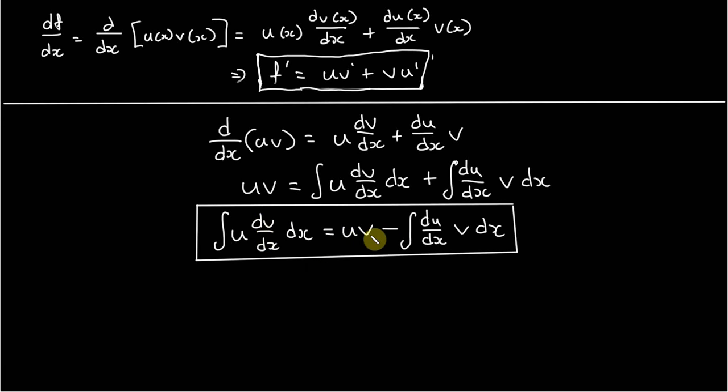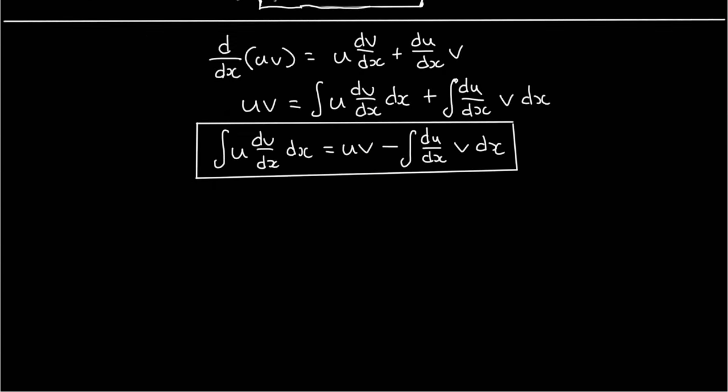So when we integrate by parts, we want to integrate this dv by dx to get v. We already know u, so we just integrate our second function and get uv, and then we take the derivative of u with respect to x and multiply it by the v that we've already found.